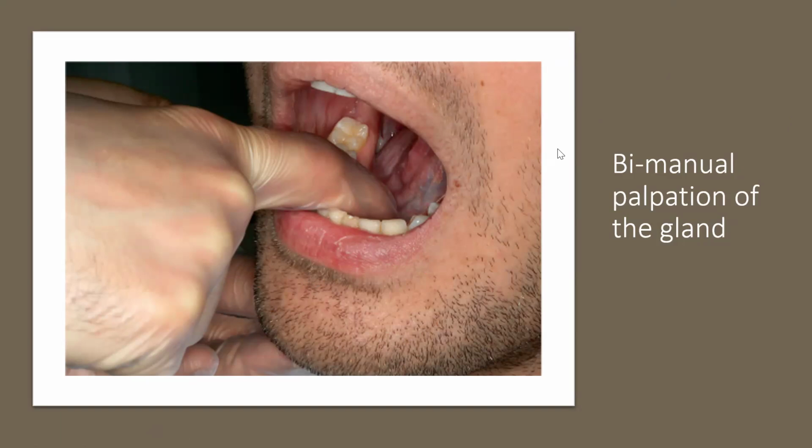If you feel it more from inside, it is the salivary gland. But Professor, isn't the superficial part of the gland also palpable from the outside? If it is bigger, if it is swollen, yes, it can be, but it is difficult to roll it against the mandible. But in normal people, you don't feel it.